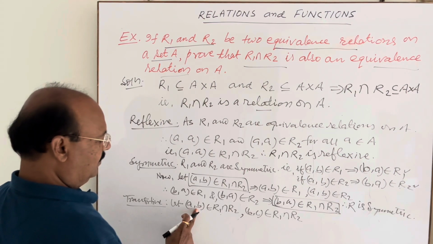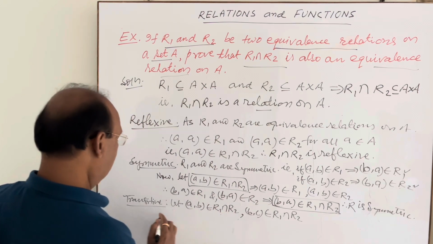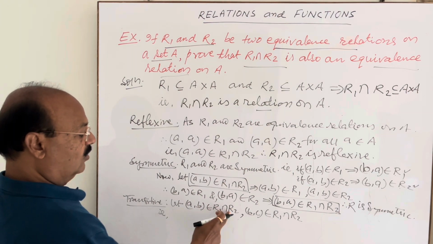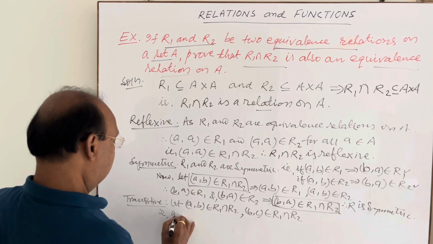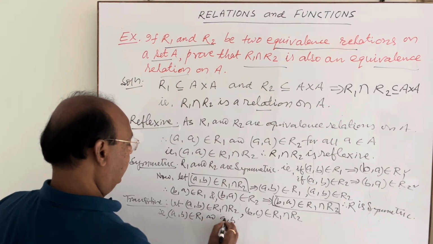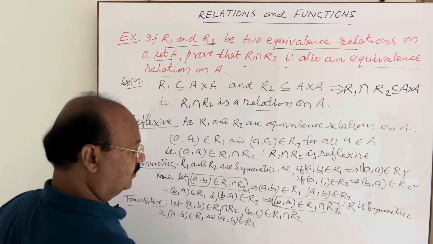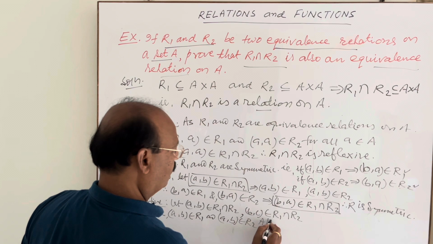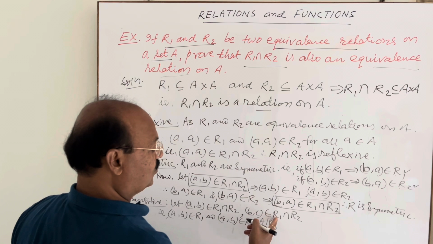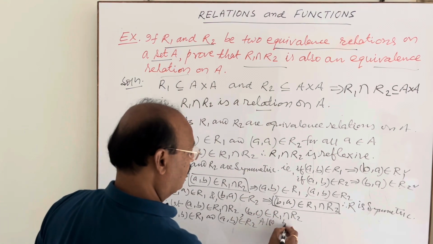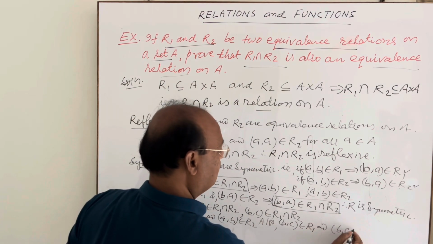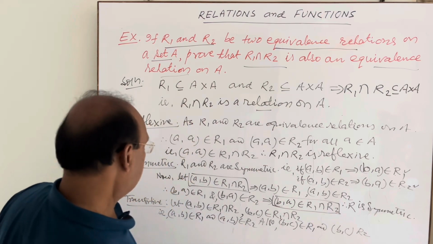As (a, b) belongs to R1 intersection R2, it means (a, b) belongs to R1 and (a, b) belongs to R2. Similarly, (b, c) belongs to R1 intersection R2, so (b, c) belongs to R1 and (b, c) belongs to R2.